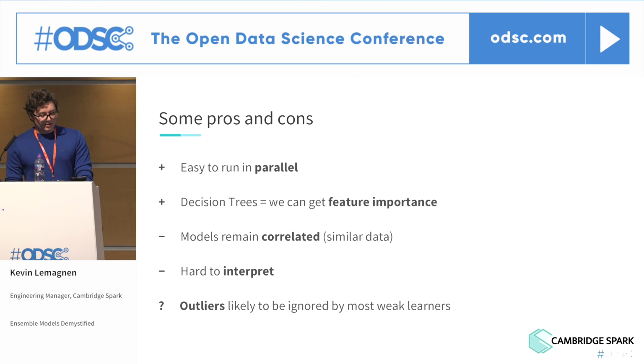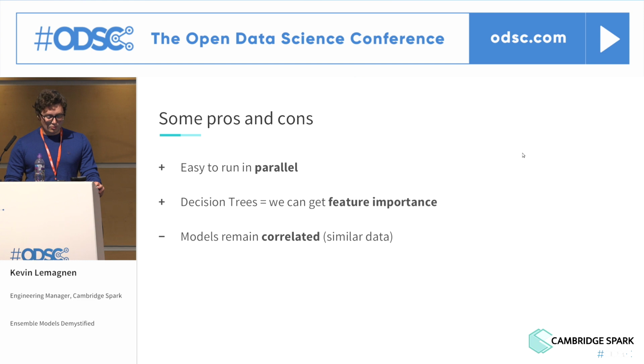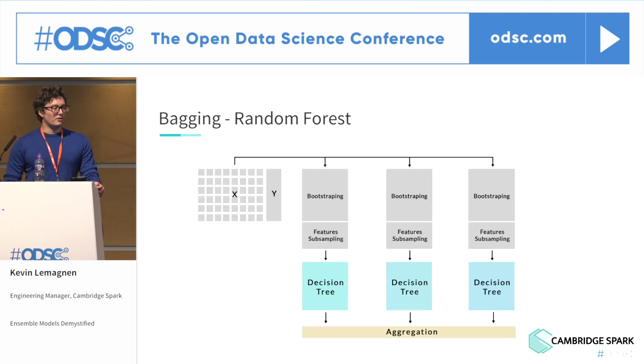And another one that can be good or bad is how it deals with outliers. Since we are building new data sets by sampling data randomly, if you have outliers, some elements that are really different and have only one occurrence in your data set, they might be present only in one or just a few of the data frames.